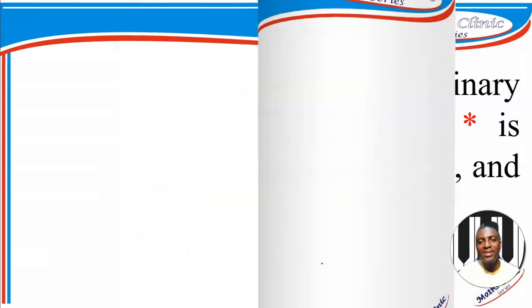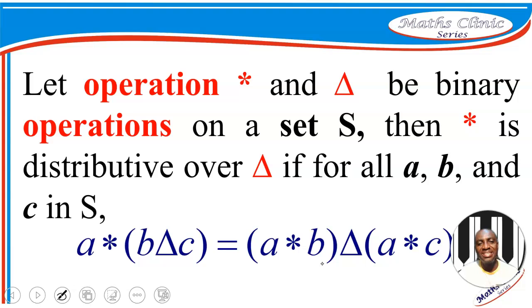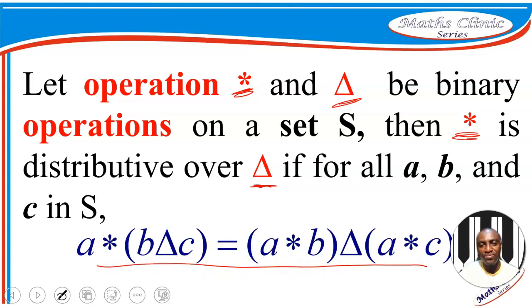We'll look at that. But in binary operation, what we are saying is that if I have two operations, say operation star and operation triangle, and we define them, then star is distributive over triangle if this statement is true.